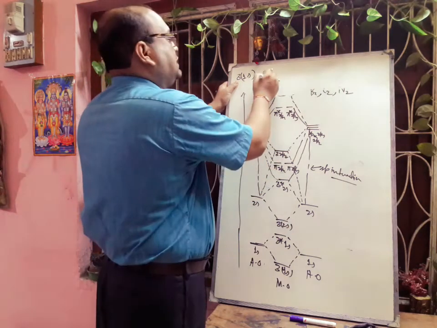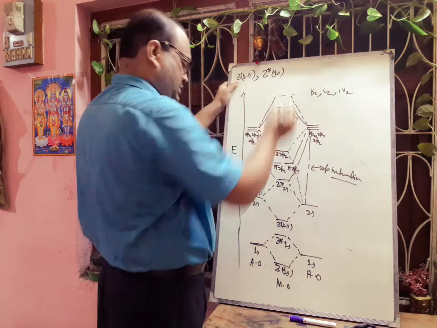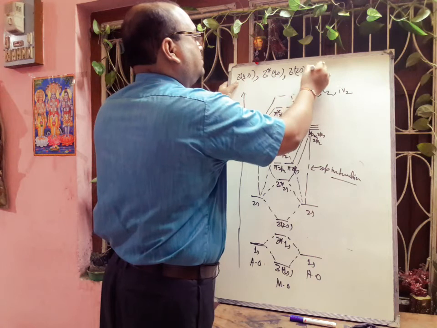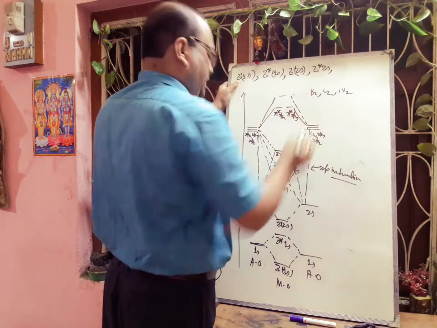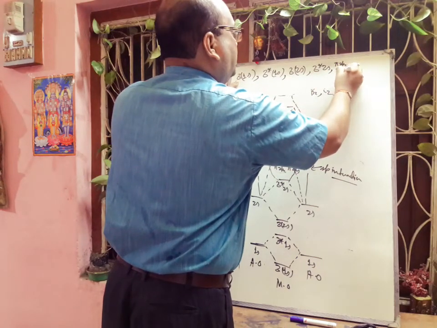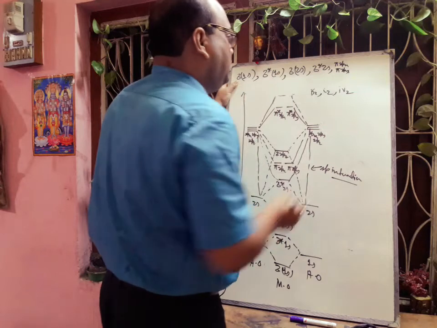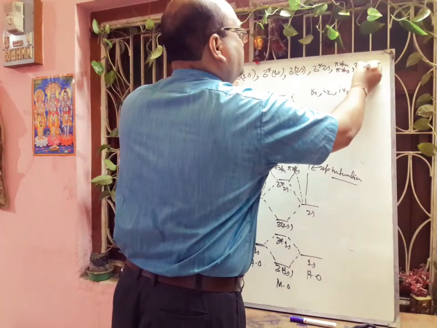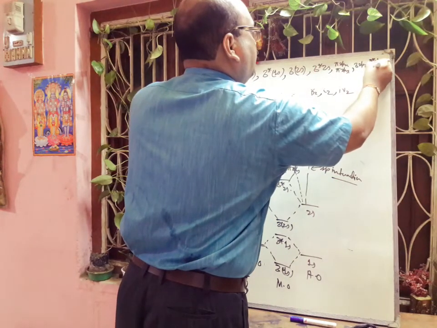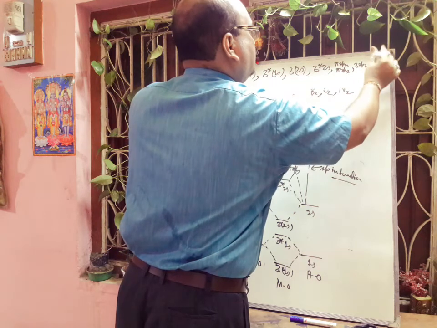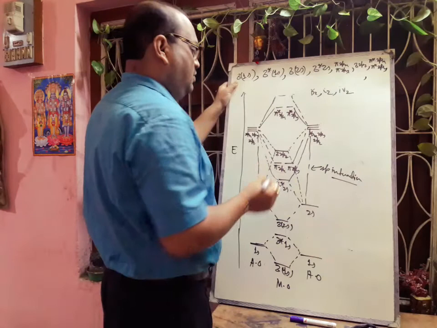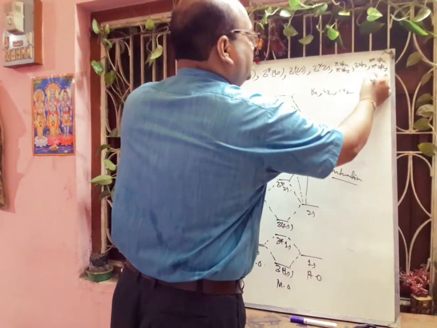Then it will come sigma star 1s, then sigma 2s, then sigma star 2s, then pi 2px, pi 2py, then sigma 2pz will come, then pi star 2px, pi star 2py will come, then finally we will get the sigma star 2pz.